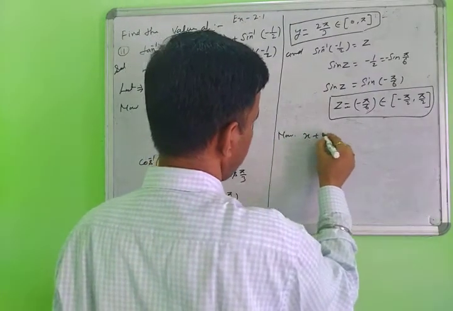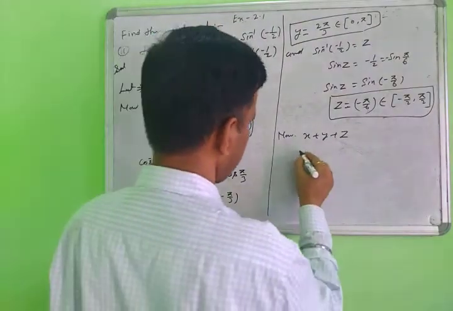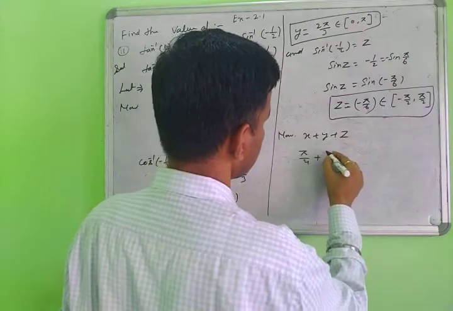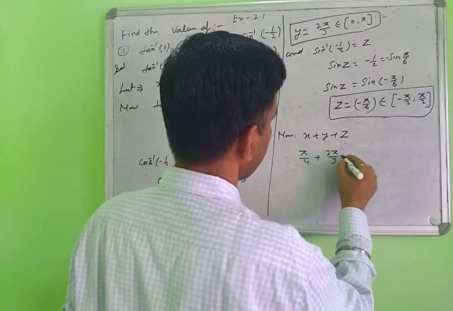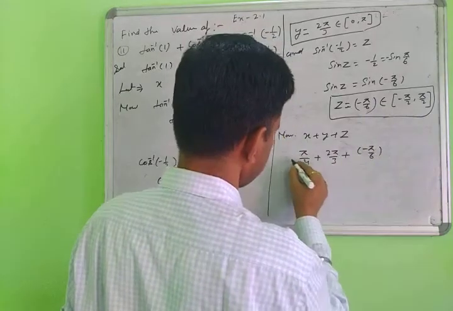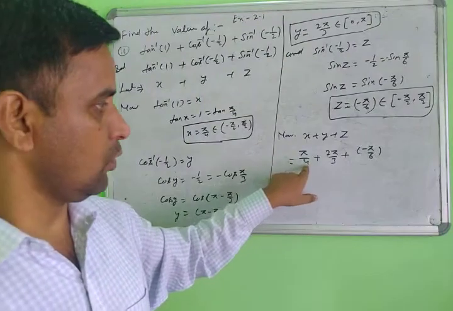So now what is the value of x plus y plus z? What value of x here? Pi by 4. What value of y here? 2 pi by 3. What value of z? Minus pi by 6. What is the LCM of 4, 3, 3, 6?